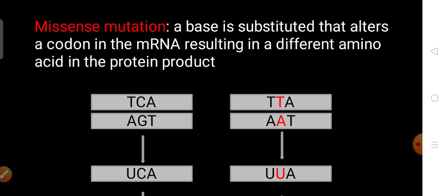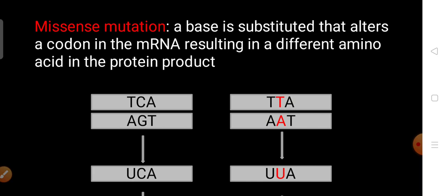Missense mutations are those mutations in which one amino acid is replaced by another amino acid. The changed protein sequence may be totally non-functional. It may have drastic effect on the phenotype of the organism, or the protein may be partially functional.